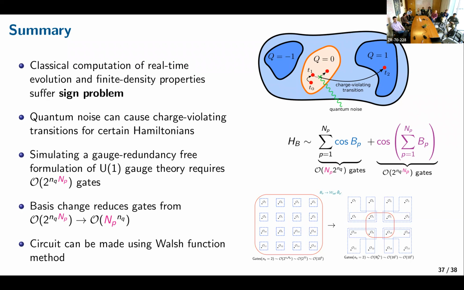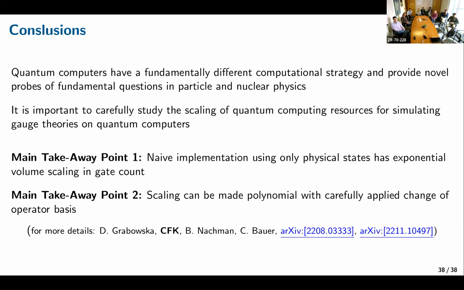But we found that simulating time evolution in this U1 gauge theory had an exponential number of gates in the volume. Then we showed that we could break this exponential volume scaling by performing a change of operator basis. And lastly, we showed how you can implement this operator onto circuits using this Walsh function method. Just to remind you, now that the talk is over, there are 2 things you should walk away with.